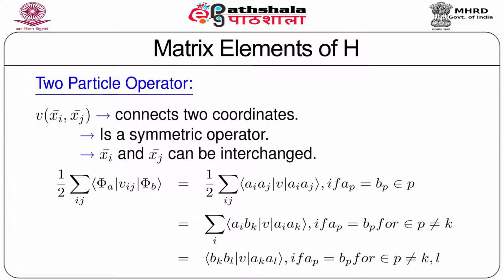However, since the operator V is a symmetric operator, the contributions of these two terms are exactly identical, and you can sum them up, which will cancel the factor half, giving rise to the result summation over i of AI BK V AI AK. If AP is equal to BP for all values of P except K and L, then the matrix element is given by BK BL V AK AL.